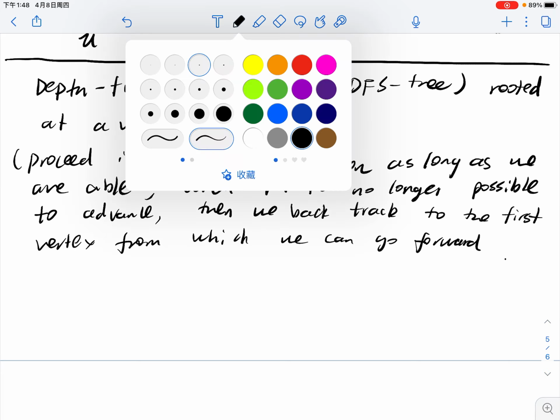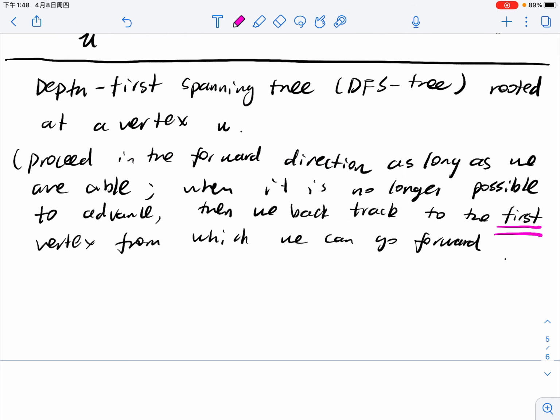So here actually we will make precise the meaning of first. So first means the nearest vertex from where you're stuck.